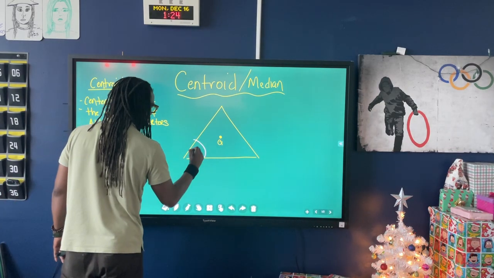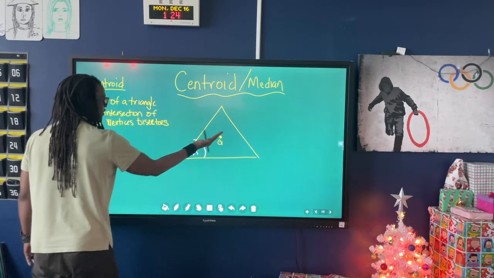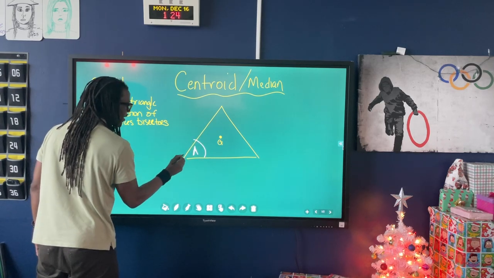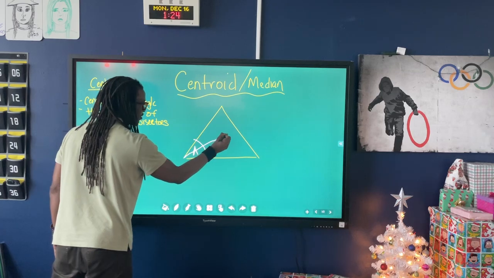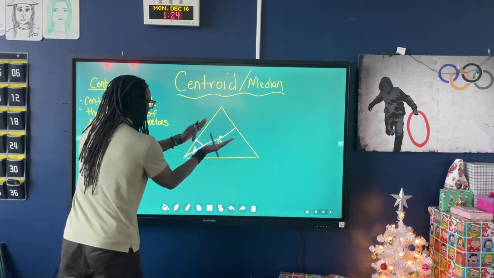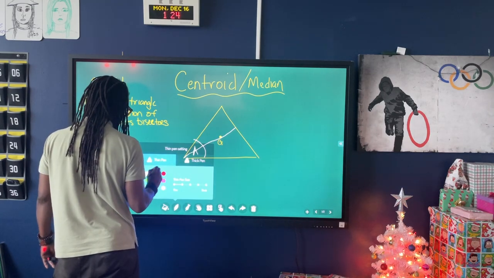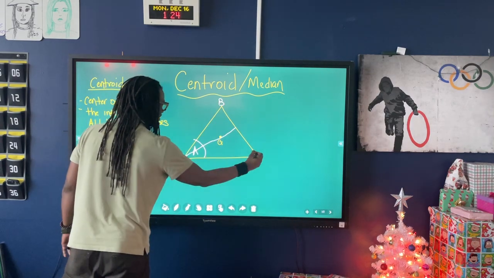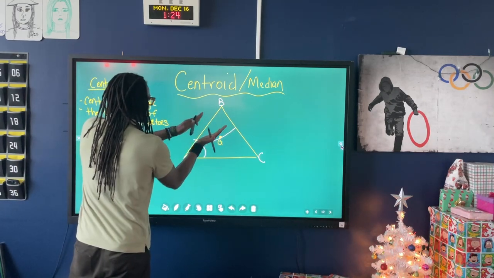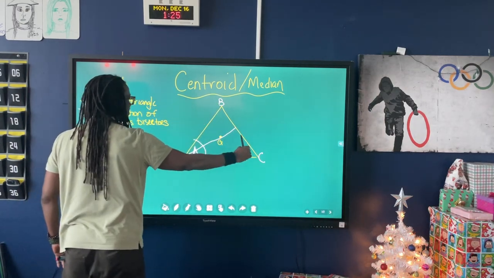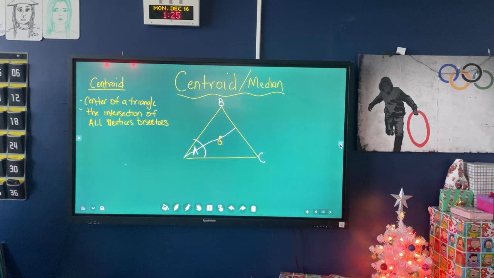And I got triangle ABC. The angle bisector of A, you'll start here at the vertex. The bisector splits the angle and it lands on the midpoint of the segment that it's across from.